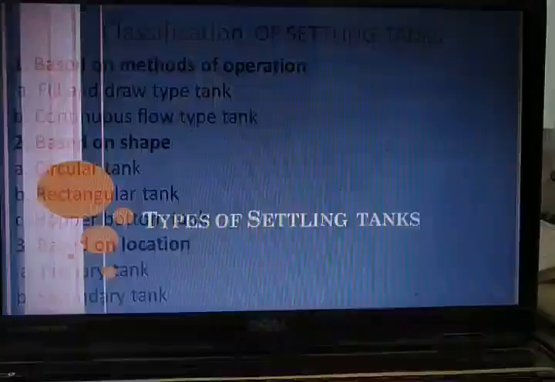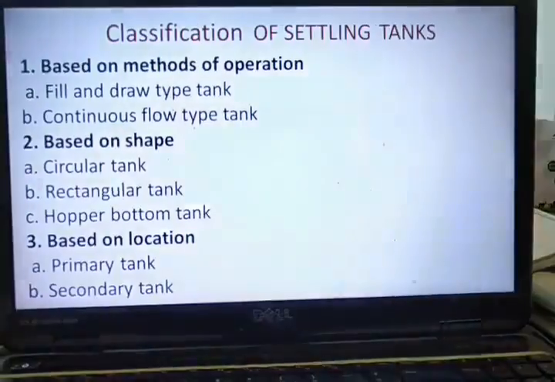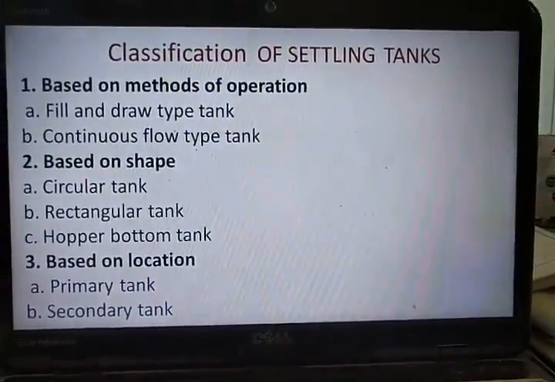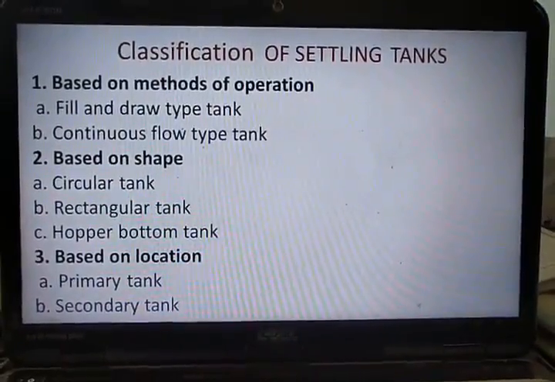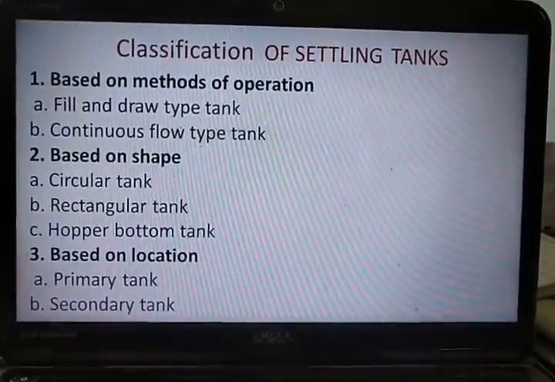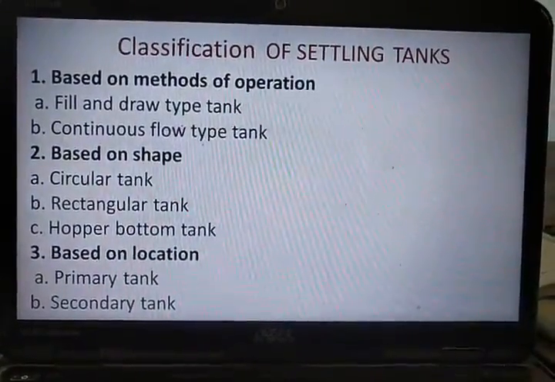Then coming to different types of settling tanks. Basically, the sedimentation tanks are classified based on three different aspects. One is based on methods of operation, based on shape of the tank, and based on its location.